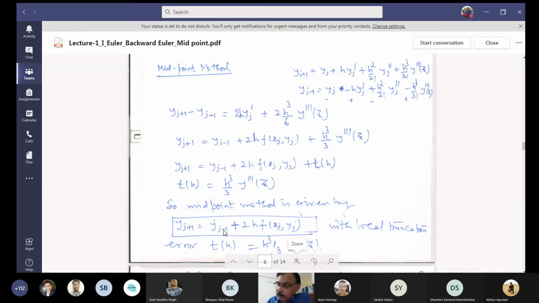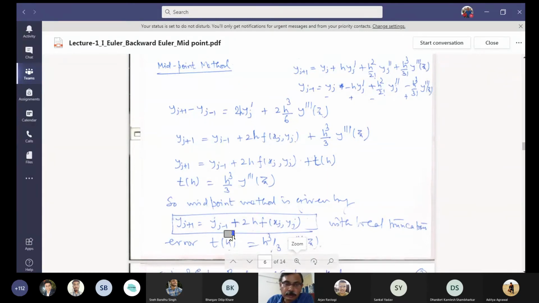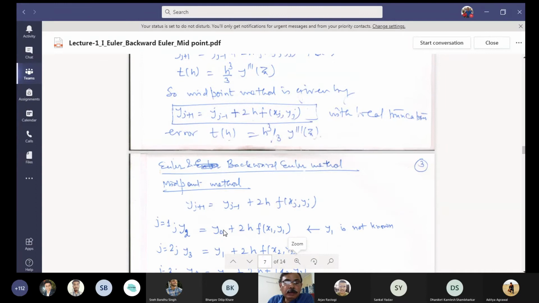So it is y2 equal to y0 plus 2h f of x1, y1.